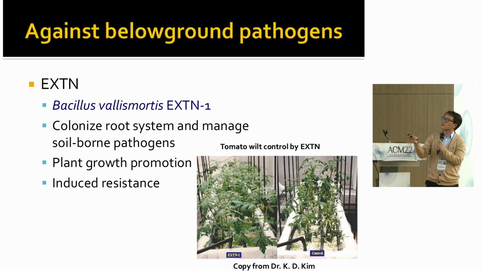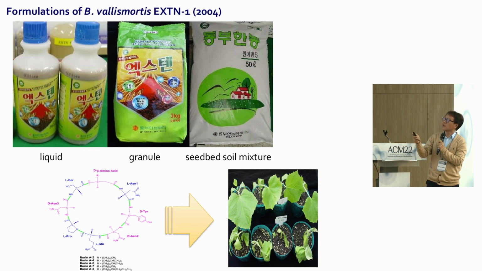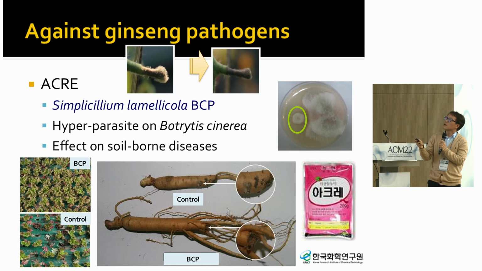It targets soil-borne pathogens, with a mechanism of induced resistance. They are also selling it with some biofertilizer. We are also interested in ginseng production. This targets Cylindrocarpon destructans, and the product is also working well.